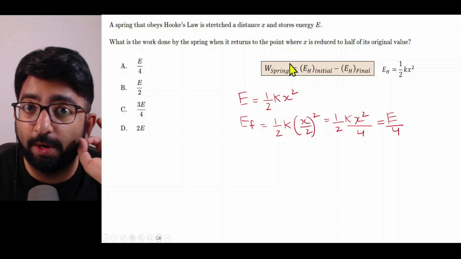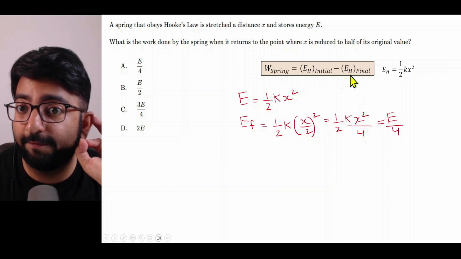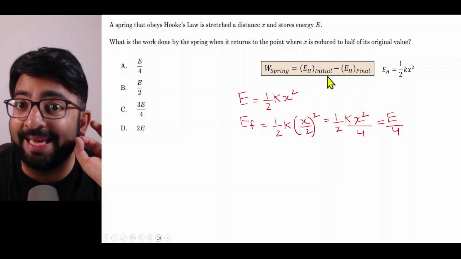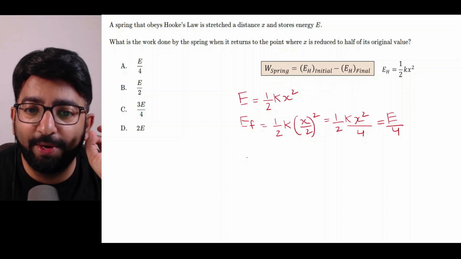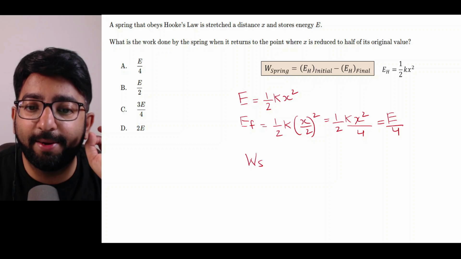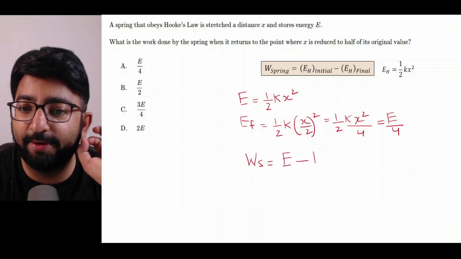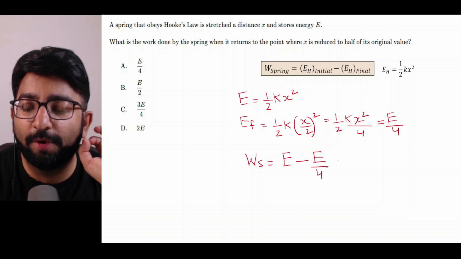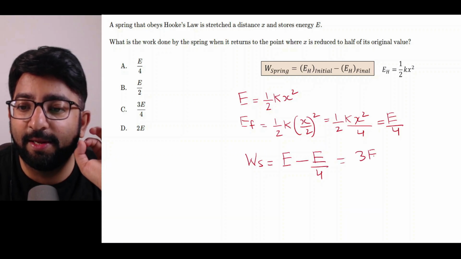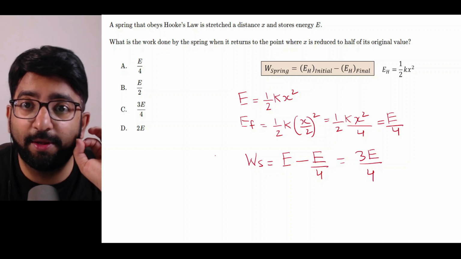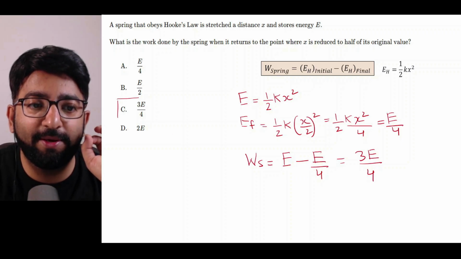Now, according to the formula for work done by the spring, we have to subtract both energies, keeping initial in the first place. So the work done by the spring will be equal to the initial energy, which is E, minus the final energy, which is E by 4. And if we simplify this, we will get 3E by 4 as our answer, which means option C is correct for this question.